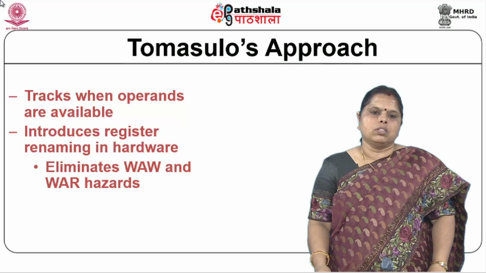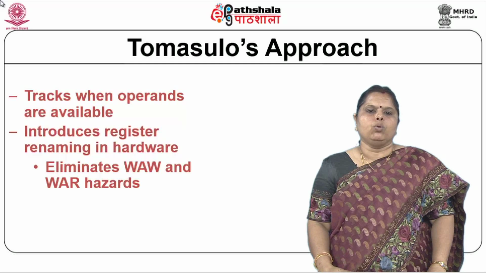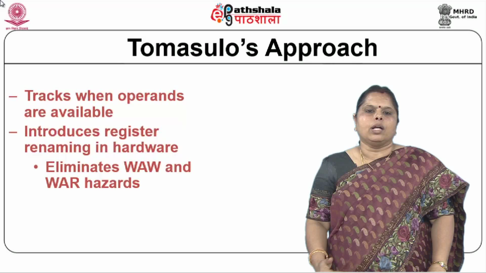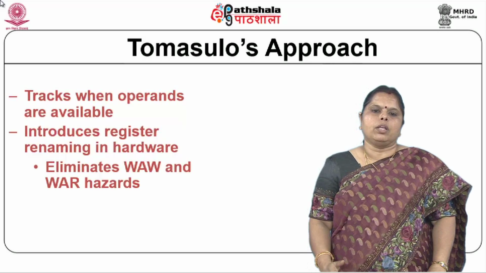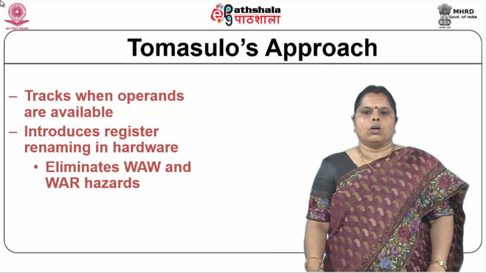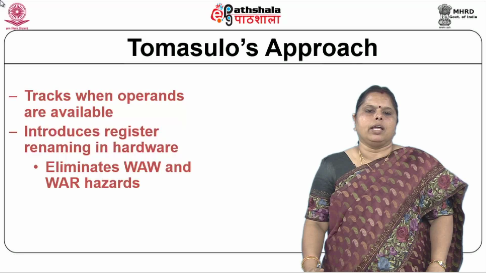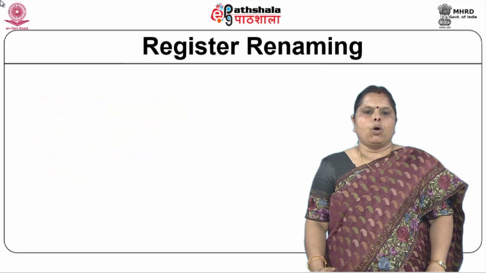All the concepts that we discussed earlier: it will do a dynamic unrolling of the loop based on branch prediction. It will do register renaming in hardware in order to avoid your WAR and WAW hazards. All these concepts are brought in Tomasulo's approach. And register renaming basically eliminates the WAR and WAW hazards.